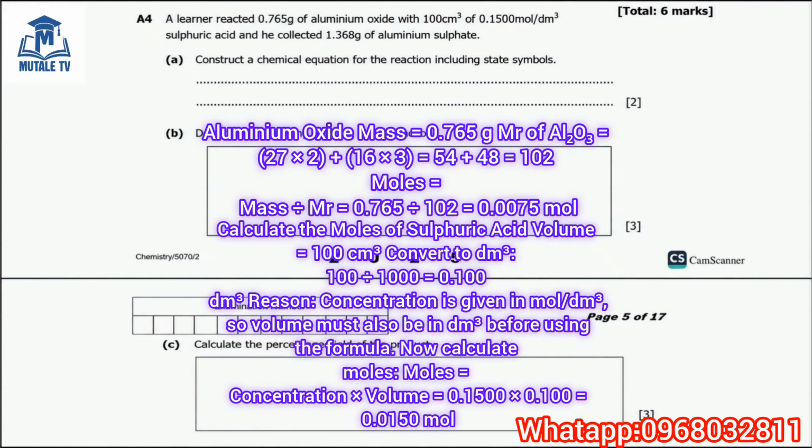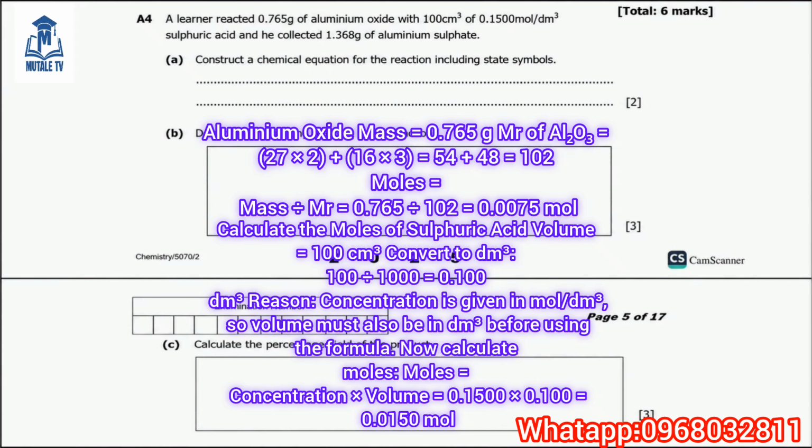And the other thing you need to note is the volume. If you pay particular attention to the SI units there, the volume is in what? Cubic centimeters. And we know that in chemistry, under the mole concept, we don't deal with cubic centimeters. We deal with what? Cubic decimeters. So we need to convert that volume into cubic decimeters. And how do we do that?